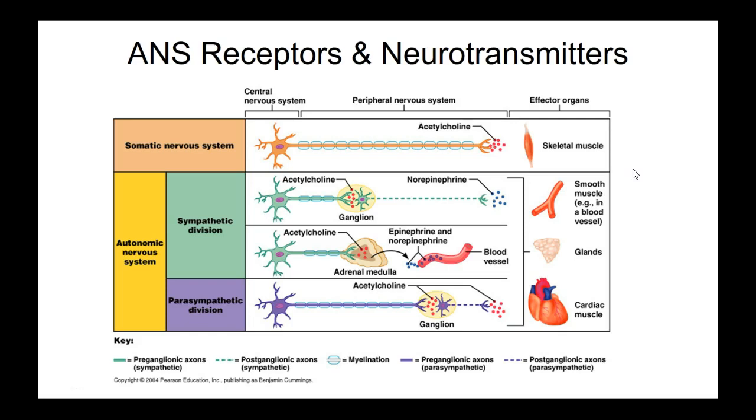So here, I know that seems like a lot's going on, but all this is saying is that the neurotransmitter being used for communication is acetylcholine, except for the sympathetic division when we're actually sending the information out to the effector. Right? Okay. So by default, you should think acetylcholine. All this is cholinergic neurotransmission.